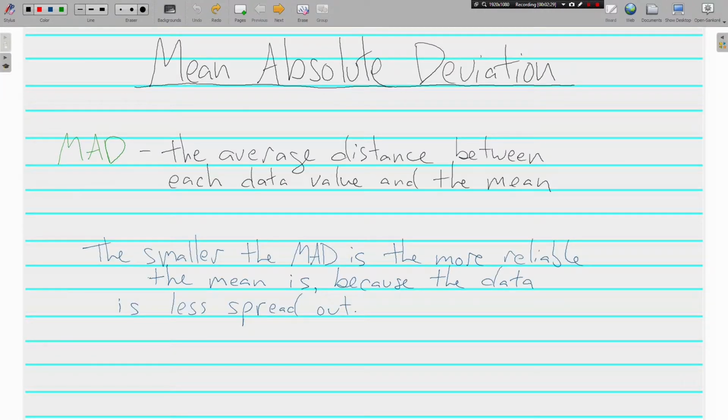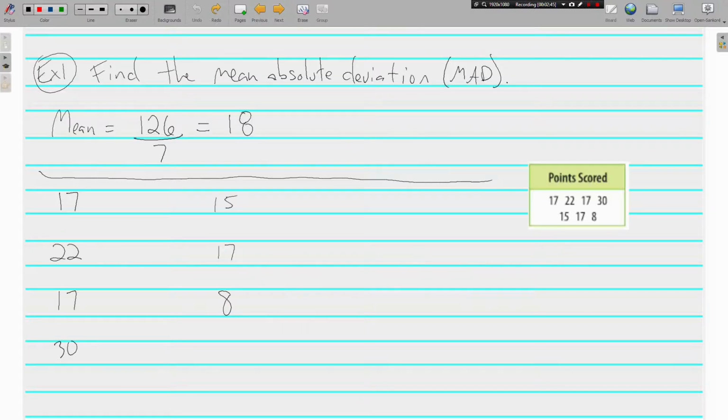It says the average distance between each data value and the mean. Well, we know the mean is 18. So what we need to figure out is how far away is each data value from 18?